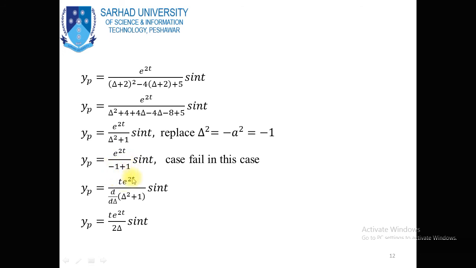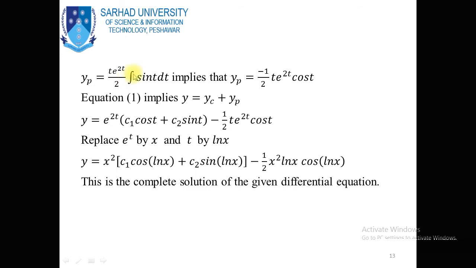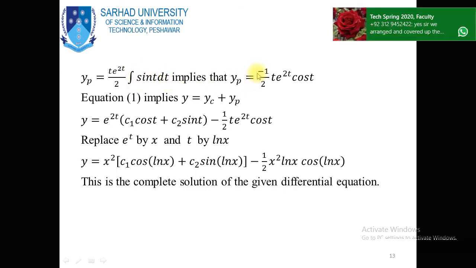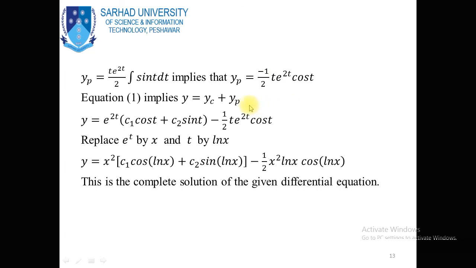For this case, we put t in the numerator and take the derivative of the denominator, the derivative of D square plus 1 with respect to D. So we obtain 2D, and now 1 over D means integration of sin t with respect to t, which implies that the particular solution is minus 1 over 2 t into e power 2t cos t. So this is the particular solution.